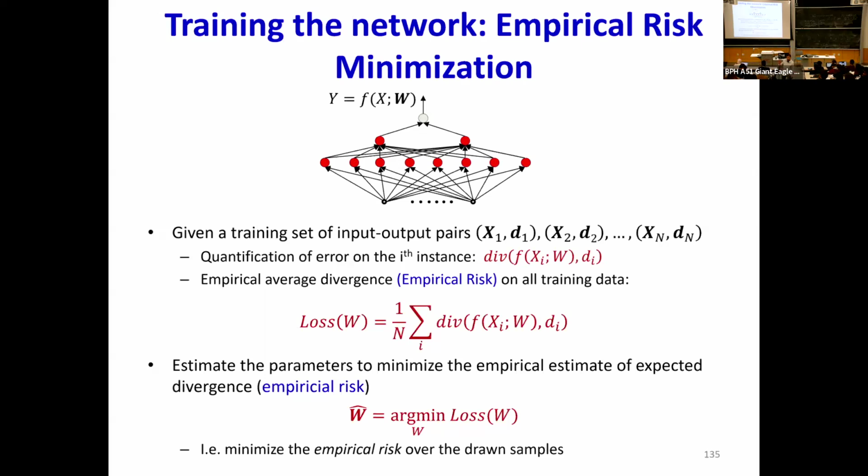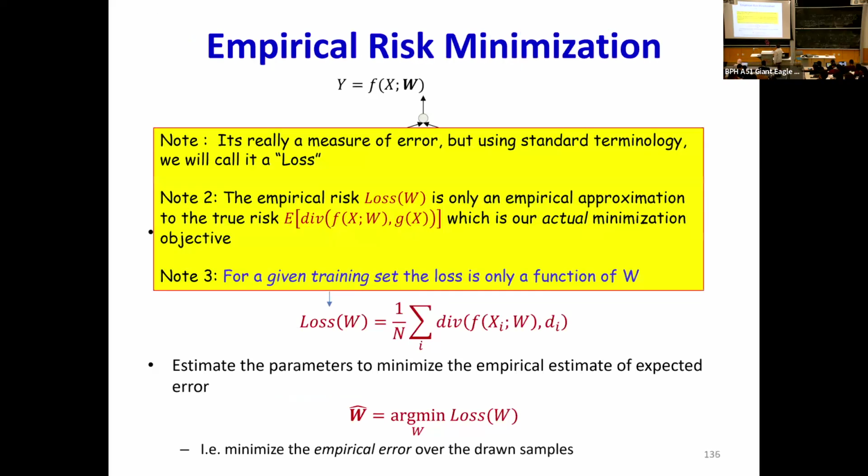So the only thing that can be changed is W. And so this loss function is actually going to be a function of W. And we will be finding the W that minimizes this loss. So this becomes a problem of function minimization. Again, the empirical risk is only an empirical approximation to the true risk, which is the expected divergence. Keep that in mind, right?